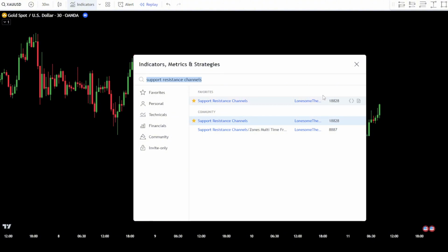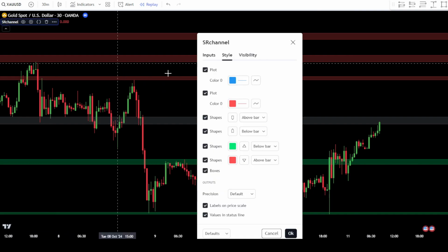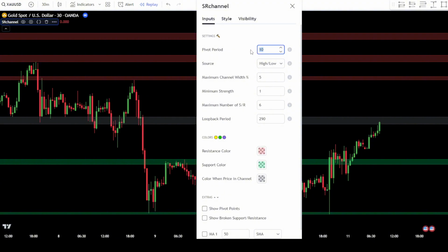Next, make a few adjustments to the Support Resistance Channel indicator. Open the indicator settings. Change the pivot period value to 5. For the maximum number of support resistance, set the value to 3.